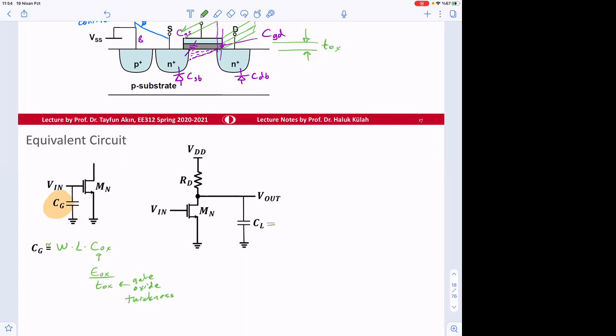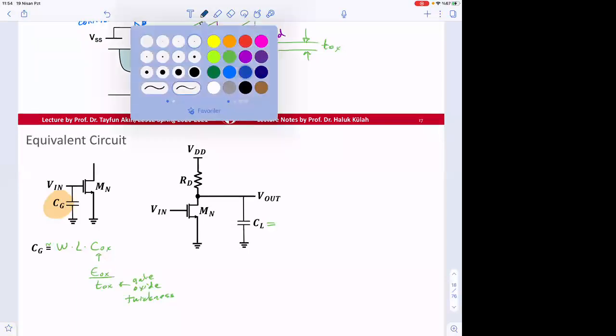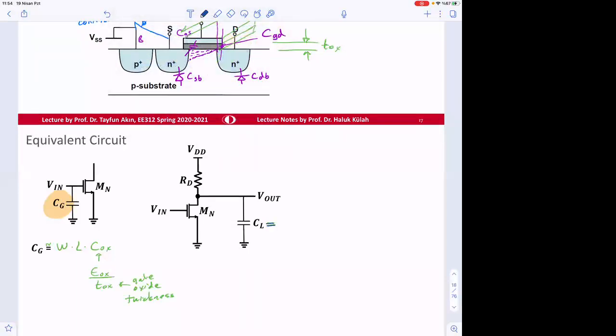And the load will be equal to N times C gate, and N is the fan out number. This fan out can be the maximum fan out or doesn't have to be maximum fan out.